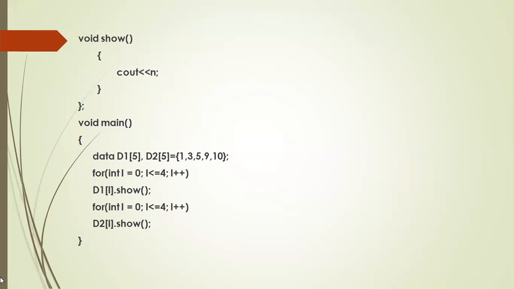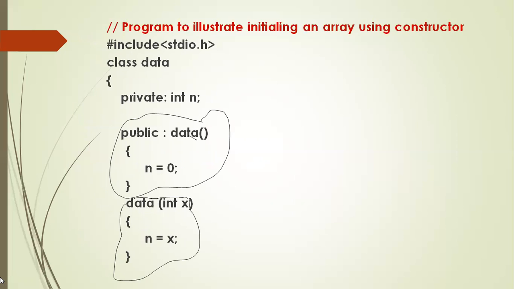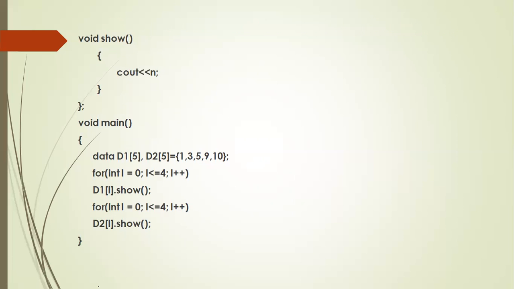Next, you create another array d2, again of 5 elements, with the values 1, 3, 5, 10. Here 1 is a parameter value. For all the 5 objects of d1, d1 of 0 to d1 of 4, the n value becomes 0.